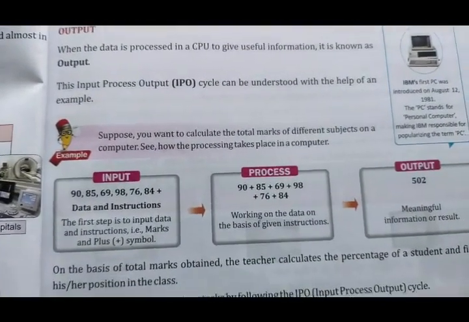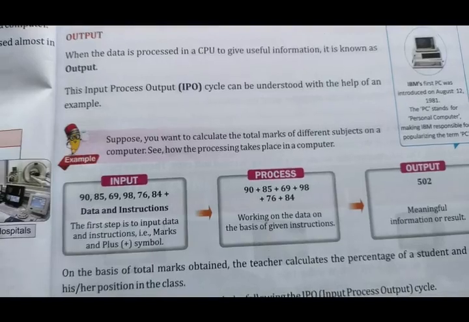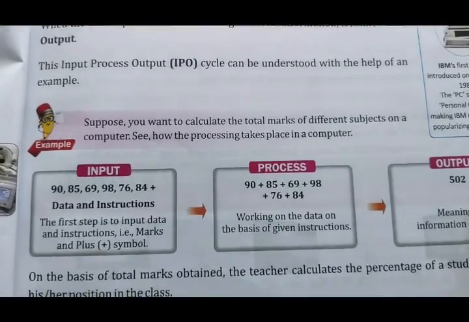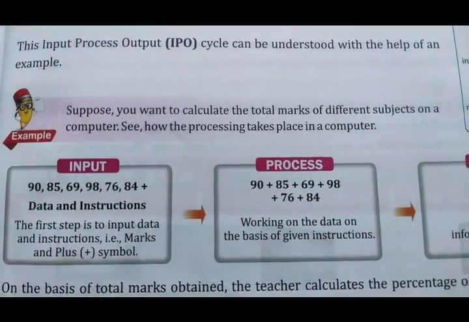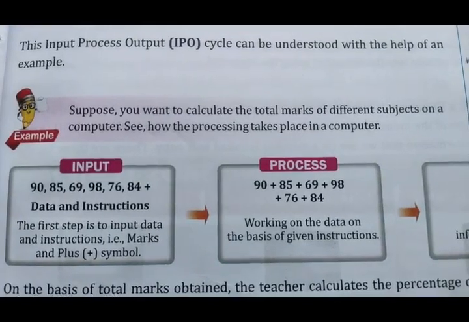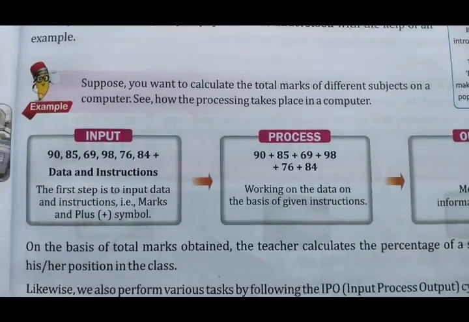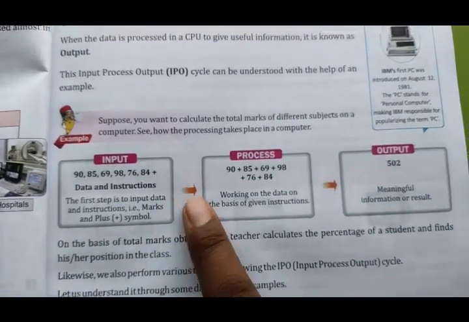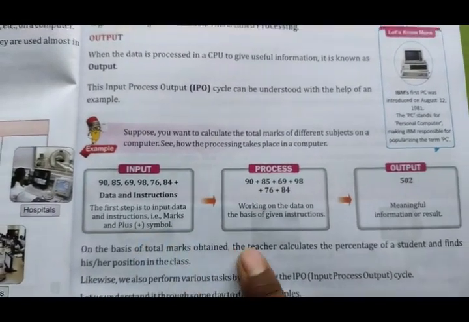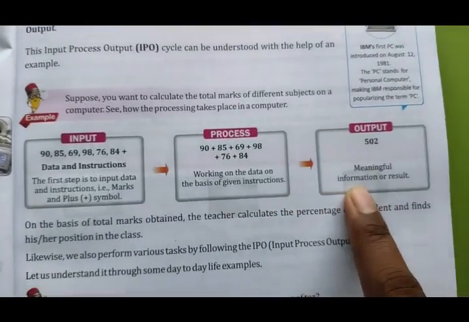Next, here in the example, suppose you want to calculate the total marks of different subjects on a computer. See how the processing takes place in a computer. So, this is input, this is process, this is output.